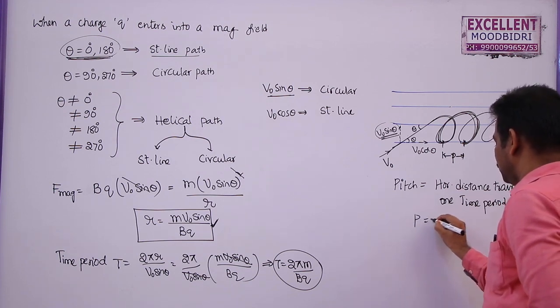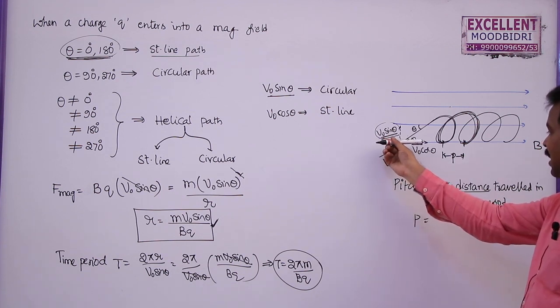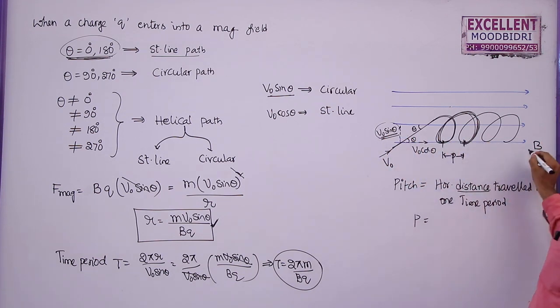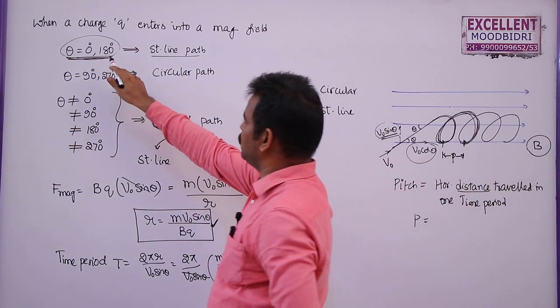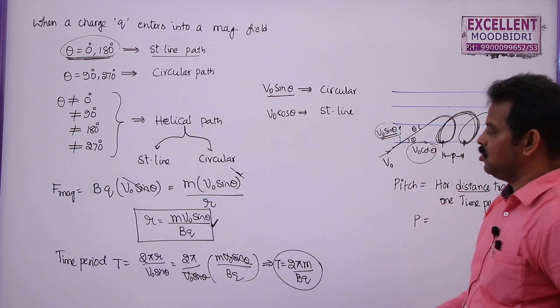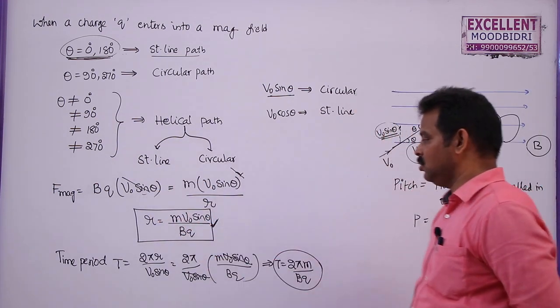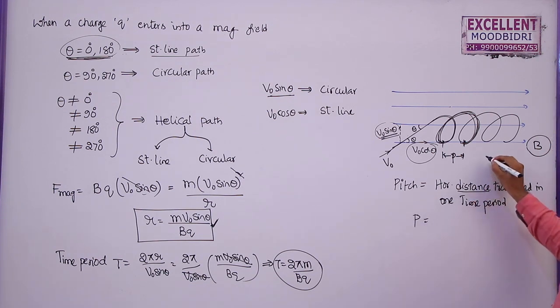So P is given by, what is the horizontal distance? It is not experiencing any force in this direction, because B and v naught cos theta are parallel. When both are parallel or anti-parallel, it will not experience any force because F is equal to B Q V sin theta, and theta will be 0, so the force will be 0. So when the force along the x-axis is 0, the acceleration along the x-axis is also 0.